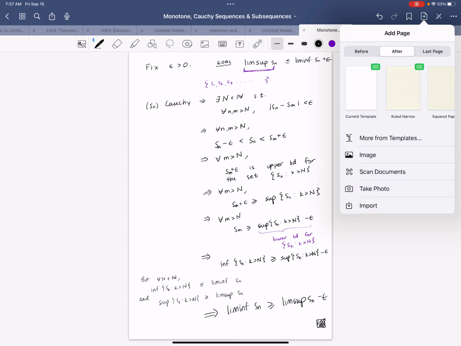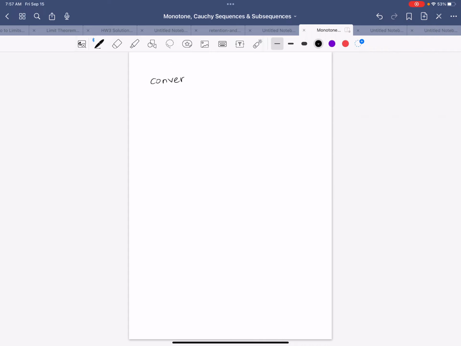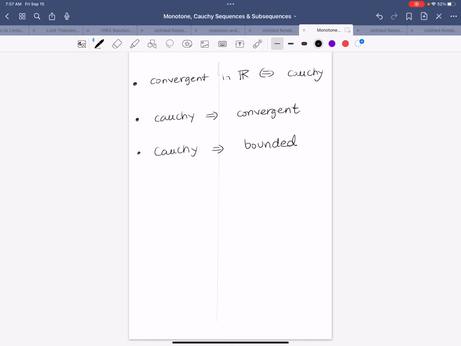So the things that we've proved: convergent in R if and only if Cauchy, Cauchy implies convergent, Cauchy implies bounded, and for Q, it is not the case that Cauchy in Q implies convergent in Q. All right. As usual, let me know if you have any questions.